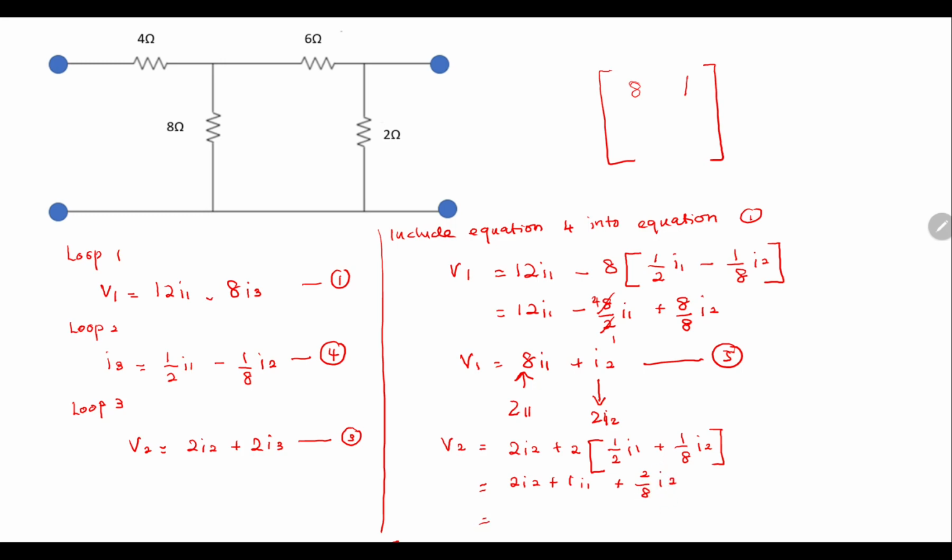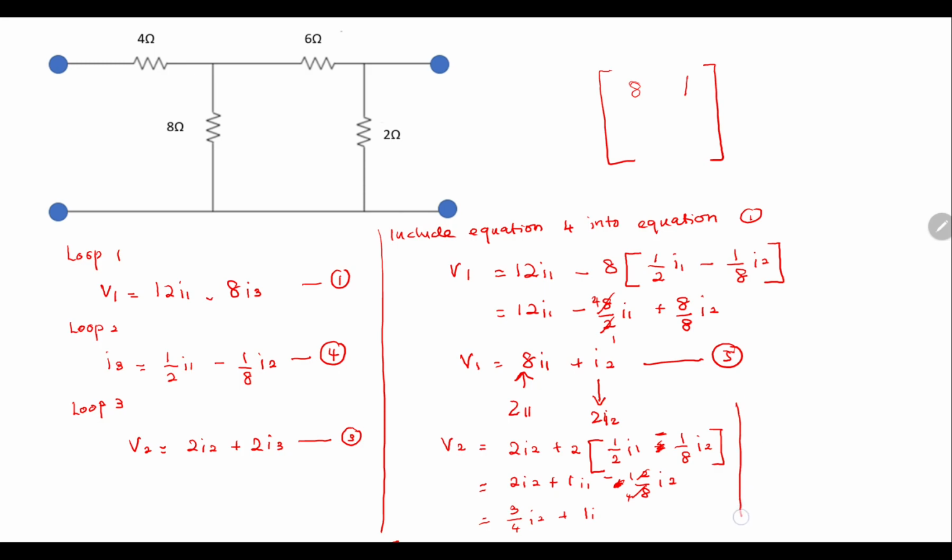So this one you simplify, 1 over 4, so you got 3 over 4 I2 plus I1.